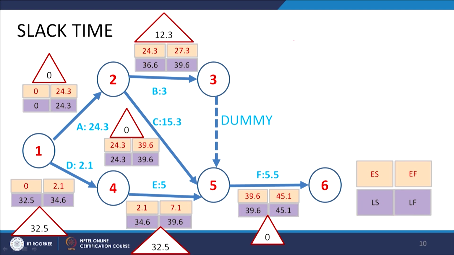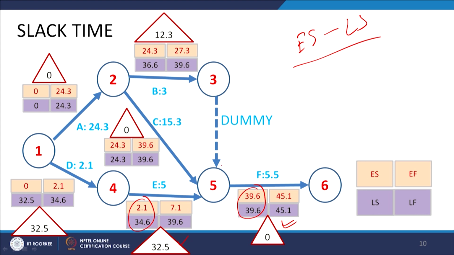Now, the slack time is the difference between the earliest start and the latest start time. Here, if we see, the earliest start and the latest start time are the same, so the difference will be 0. For activity E, the difference between the latest start and the earliest start time is 32.5.